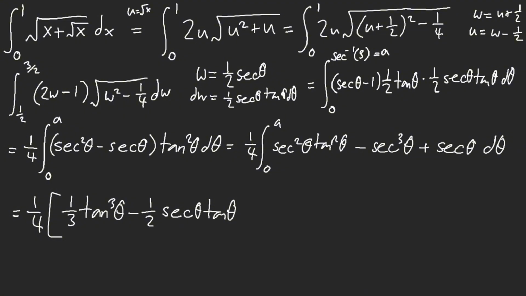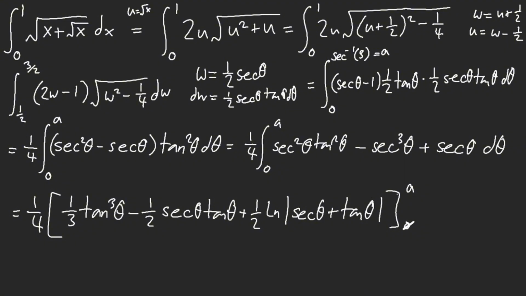But then 1 minus 1/2, we get a positive 1/2 of ln of secant theta plus tangent theta, from 0 to a. And notice when you plug in 0, they're all going to equal 0 because of the tangent and the ln, pretty much because of tangent theta.